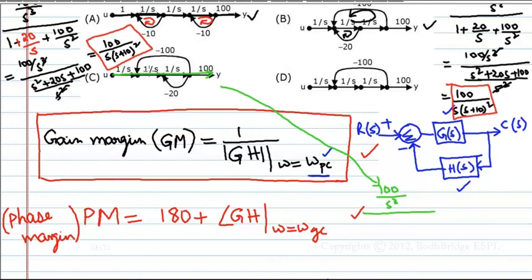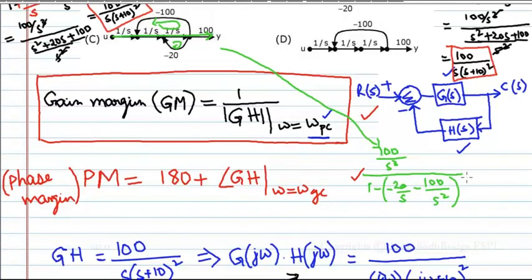Then 1 minus the sum of individual loop gains. There is one individual loop and another individual loop, so minus 20 by s, and another minus 100 by s square.